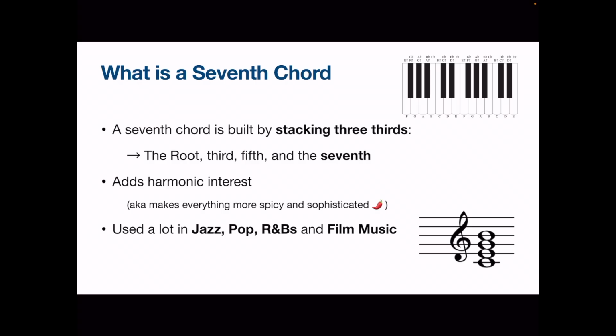Seventh chords are used a lot in jazz, pop, R&B, and film music. They're still used to a certain degree in classical music, but definitely not as much. So it's cool that you're getting to learn how to build a seventh chord because it's going to be quite useful, especially if you play an instrument.